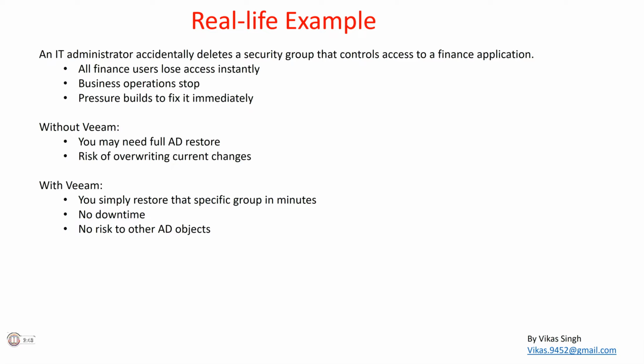Without Veeam, you might need to restore the entire Active Directory database, which is risky and can overwrite recent changes. But with Veeam, you can simply restore the specific group within a minute. There will be no downtime, no risk, and business continues smoothly. So this is a real life example.